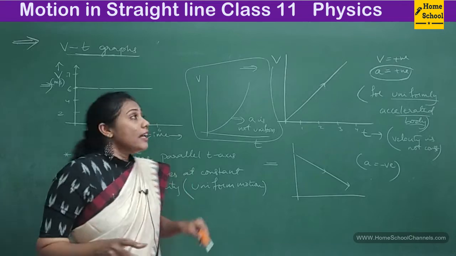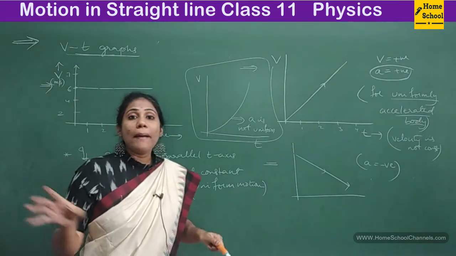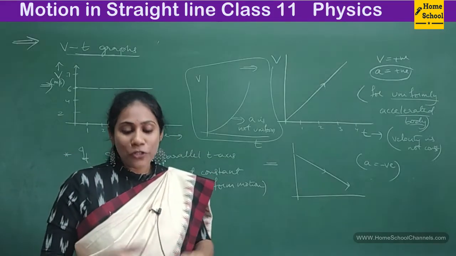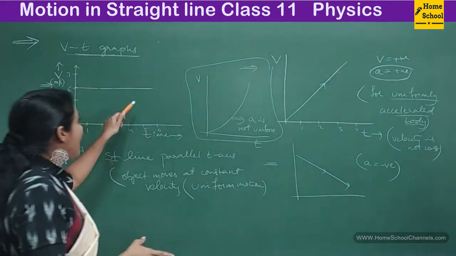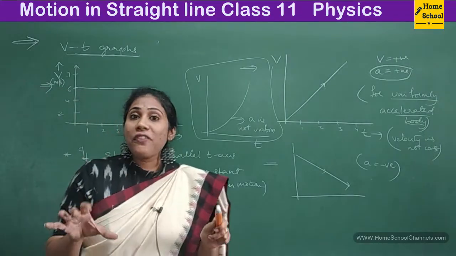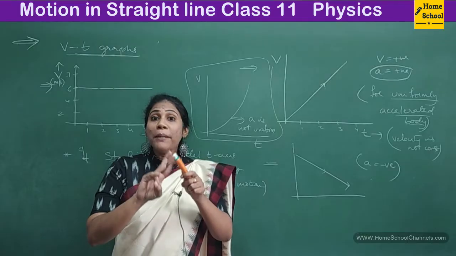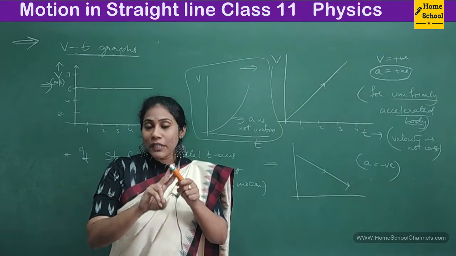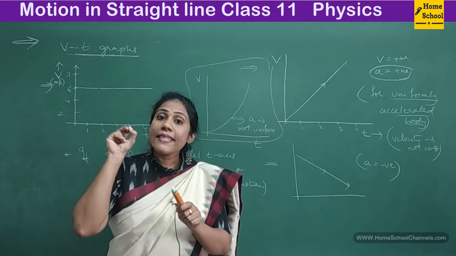So here, the slope of the v-t graph will talk about acceleration. So we can find out acceleration from the v-t graph, and also we can find displacement from the v-t graph. So two important things we can calculate from the v-t graph. One is acceleration, the other one is displacement.